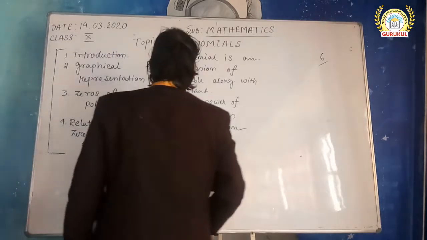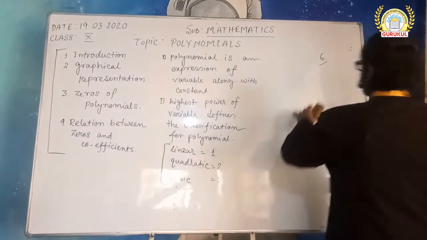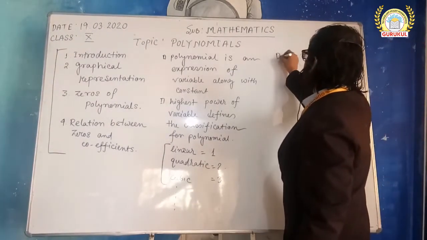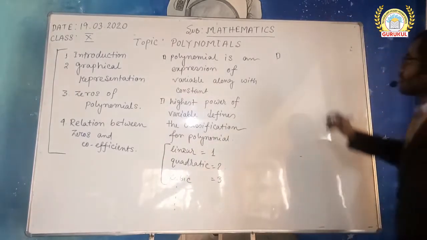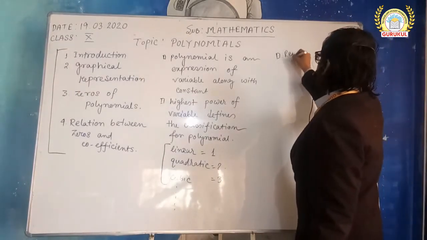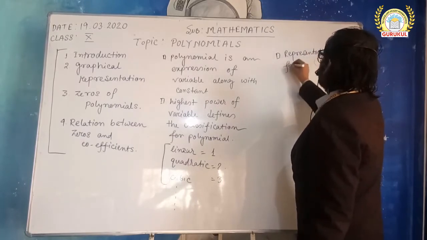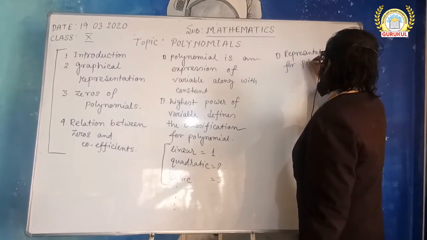After that, number 3, what we need to know, that representation for polynomial.